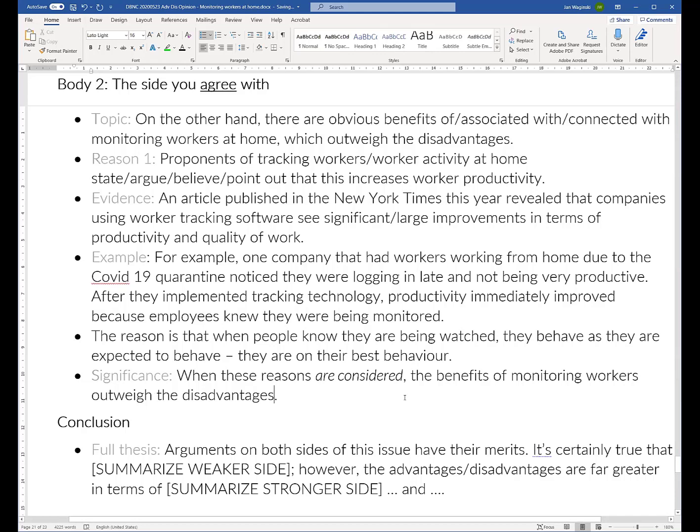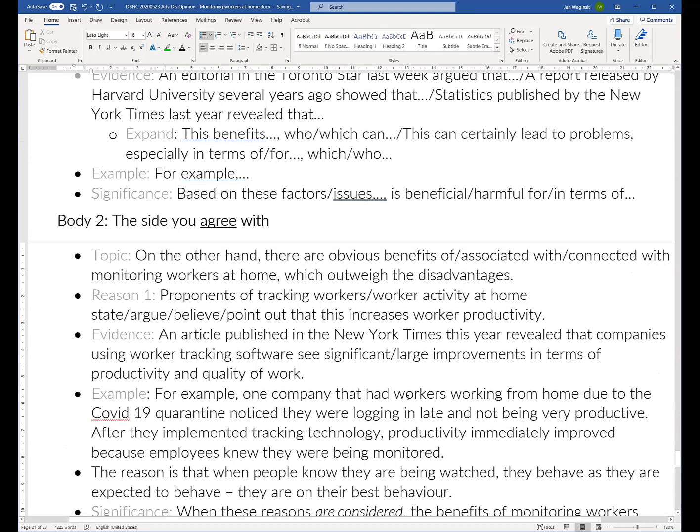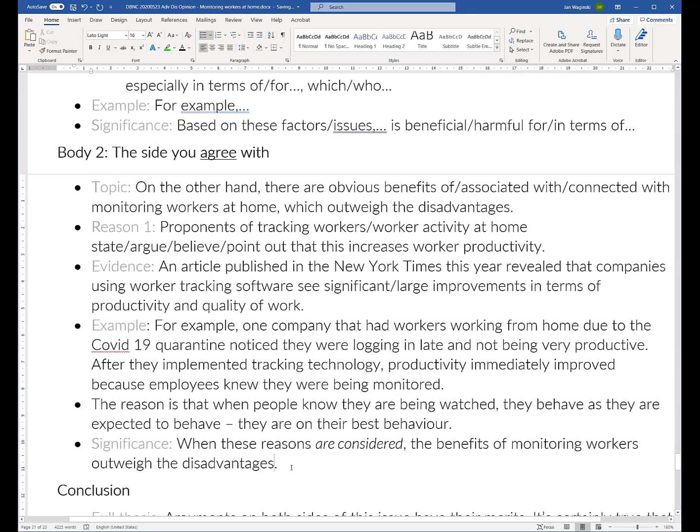But we wrote "outweighed" in the topic sentence. That's the significant statement. I know, but just for language.